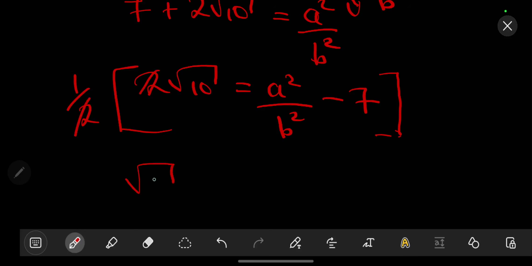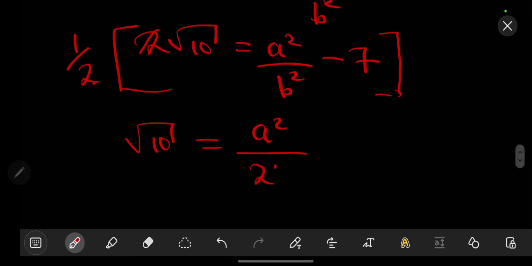Then we remain with the square root of 10, like that. Then our half shall multiply a squared over b squared, which will be a squared over 2 times b squared, it will be 2b squared. Then we have minus half times negative 7. So half by 7 will be equal to 7 over 2. But we have a negative, so we have negative 7 over 2.